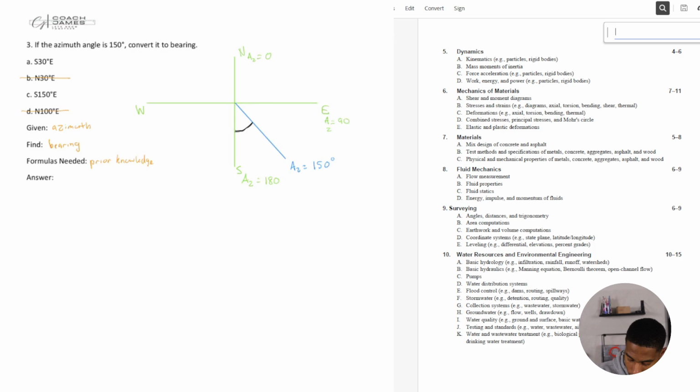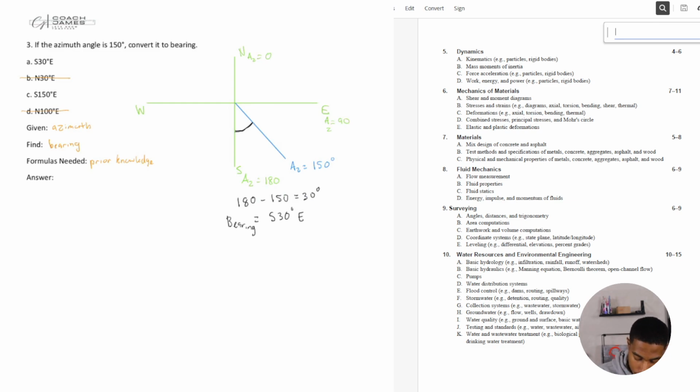This angle is going to be 180 minus 150, which equals 30. So it's 30 degrees from south, which lets me know it's going to be S 30 degrees east, which is equal to my bearing.